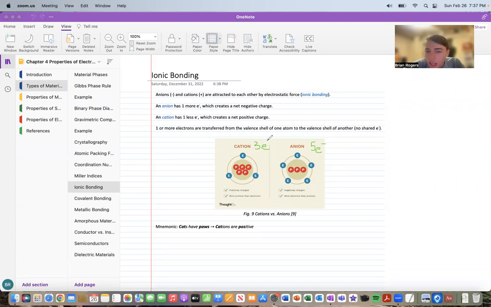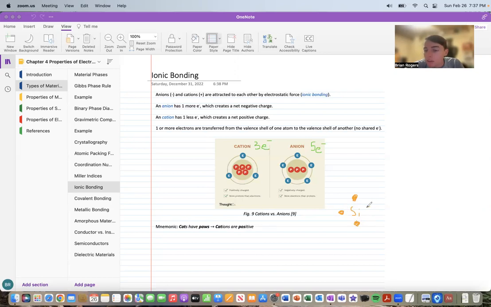Because the anion has more electrons, it is negatively charged. In between, in order to not have a specific charge, you're going to have 4 electrons. Silicon is often where we like to be because it has 4 electrons on its outer shell, so it's not net positive or net negative.